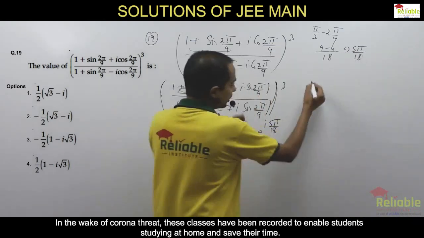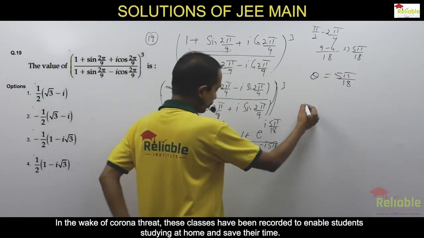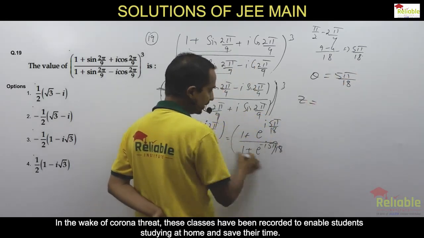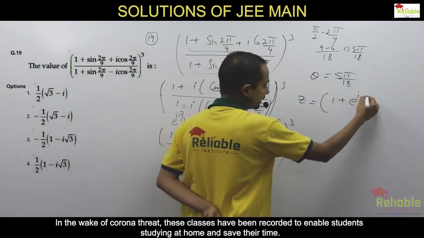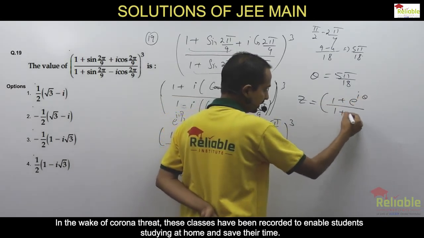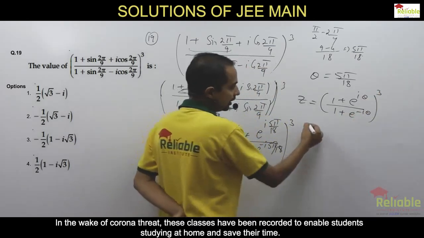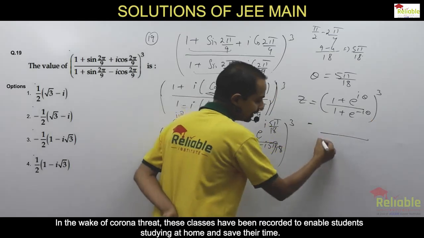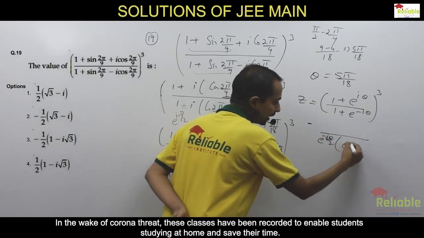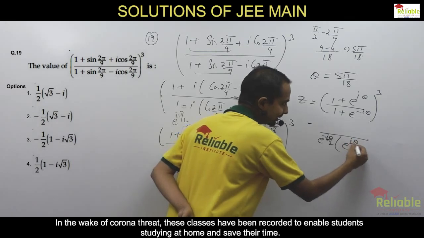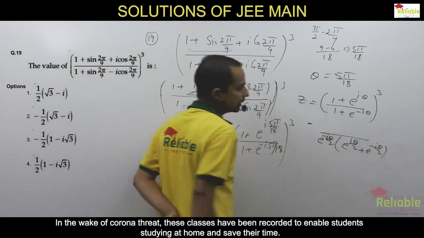So let me call theta as 5 pi by 18 to clear up the problem. So z is essentially a whole cube over here, (1 plus e^(iota theta)) upon (1 plus e^(iota minus theta)), over 3. Let me take e^(iota minus theta by 2) common. Essentially we are going to get this thing, right?